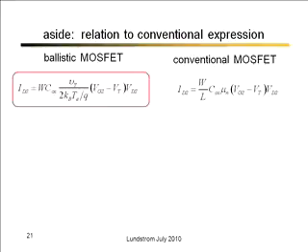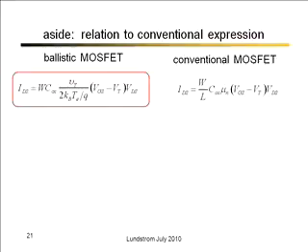For those of you that do know the conventional approach, I want to relate it to the conventional approach so you can see the relation. Over here on the right, this is the textbook description that we give for the linear region current of the MOSFET. It's proportional to the width of the channel divided by the length of the channel, the oxide or gate capacitance, the mobility, which I haven't discussed at all because it's a ballistic device, times Vg minus Vt times Vds.